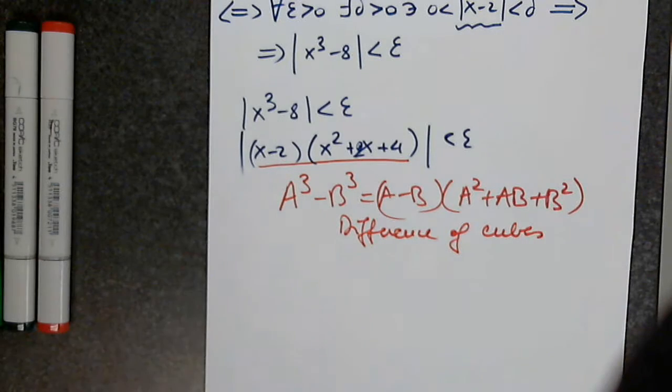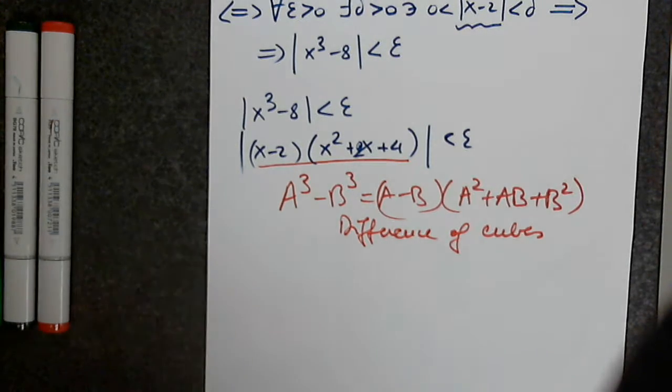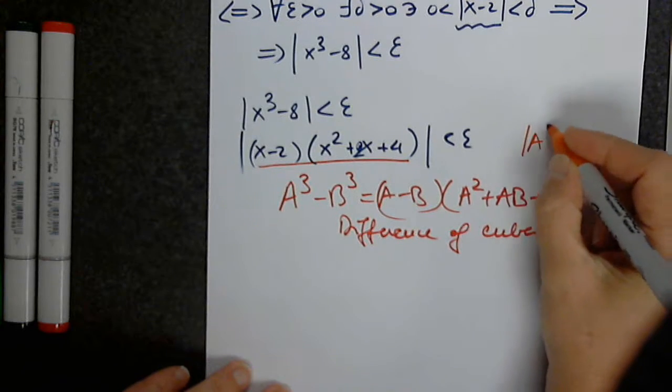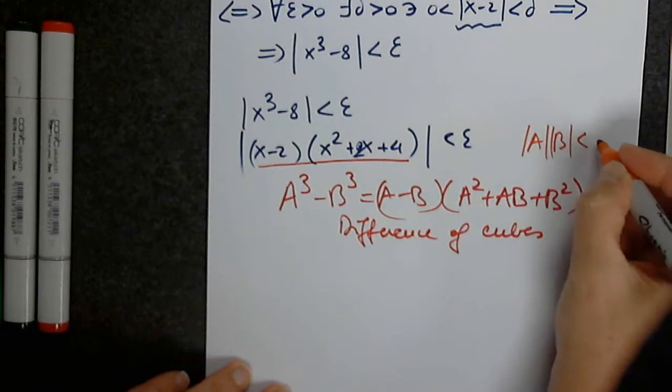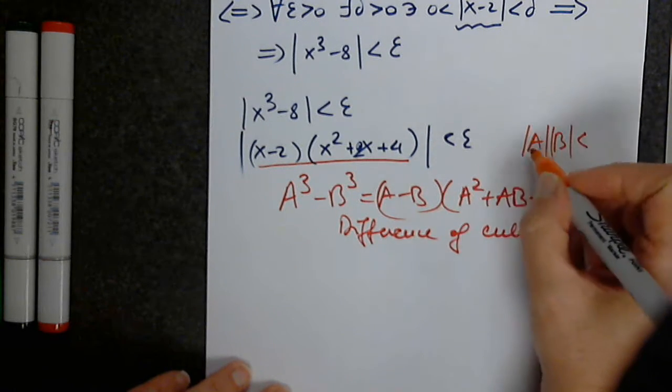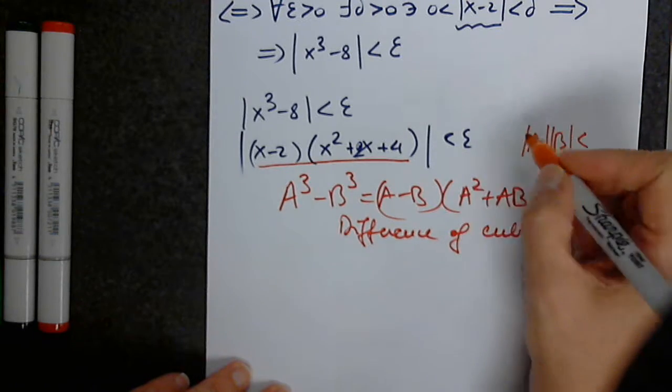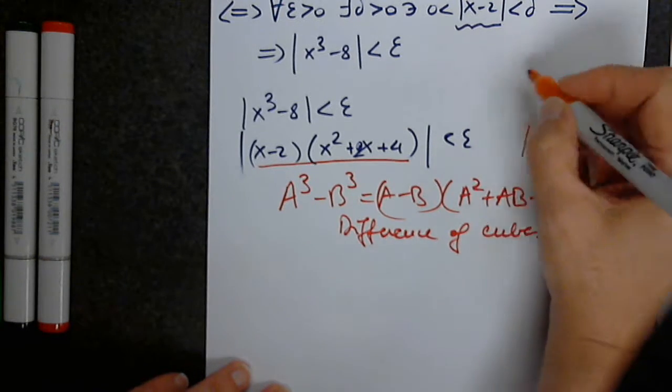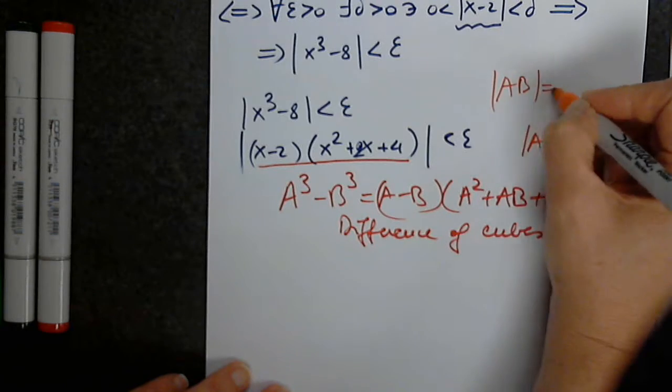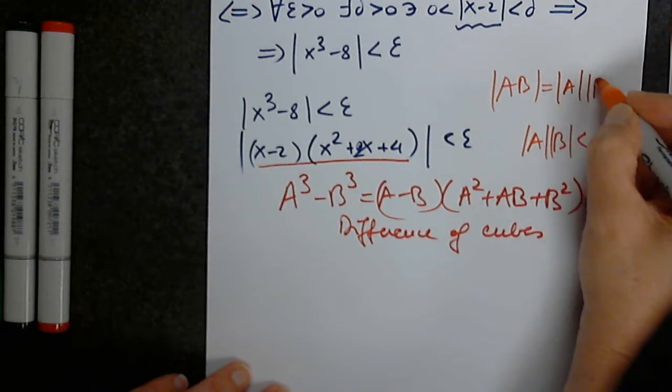If you have your book, it should be on the front cover or back cover. Now after we factor, I have to quote that property, right? That the absolute value of a product equals the product of absolute values.